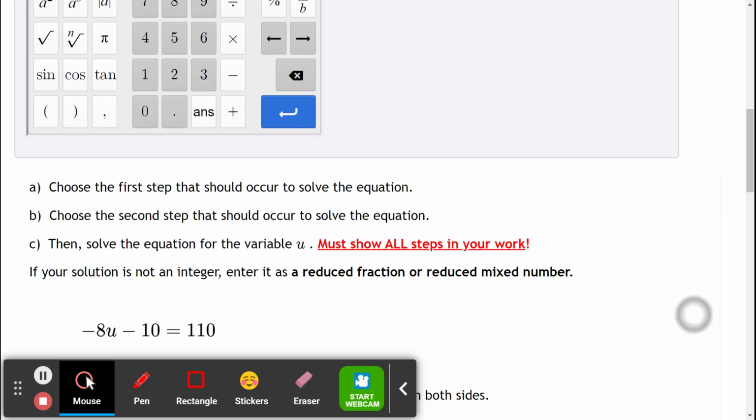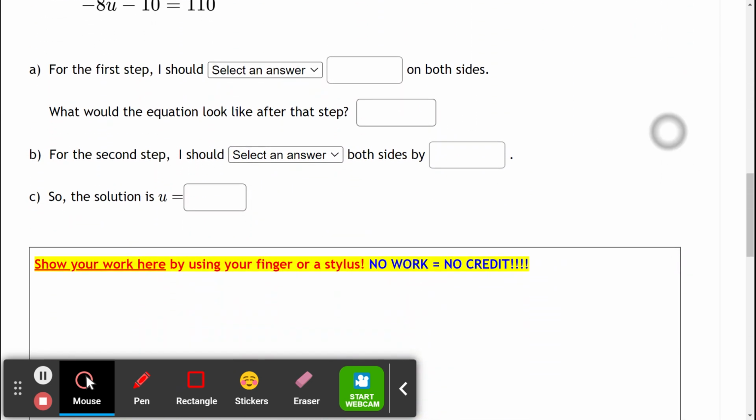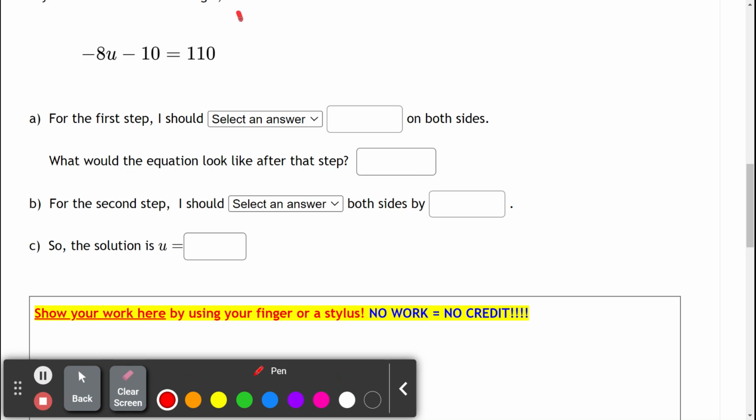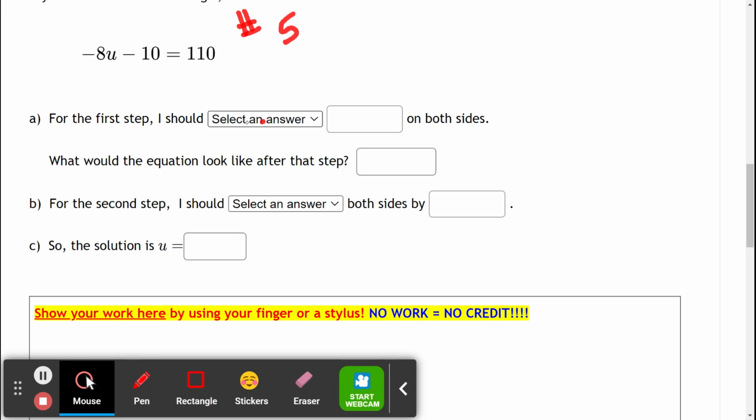This one should be number 5. The first step, since this is minus 10, I would add 10 to both sides.